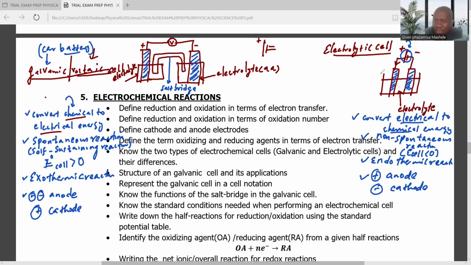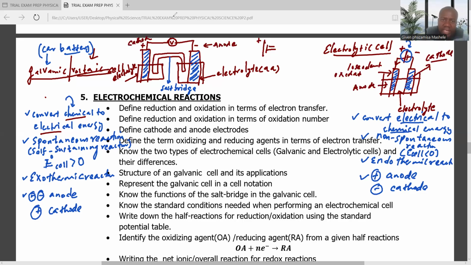And if current comes this side, it means this electrode will lose electrons. If it starts to lose electrons, it's the one that undergoes oxidation, which means it's the anode. Then this one will gain electrons, so it will be the cathode. So that's why in the galvanic cell, the negative is the anode and the positive is the cathode.